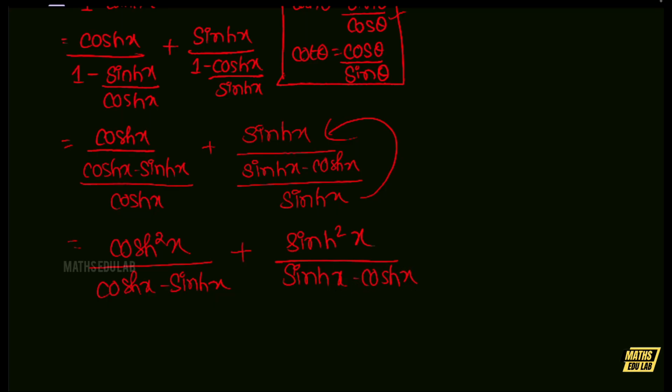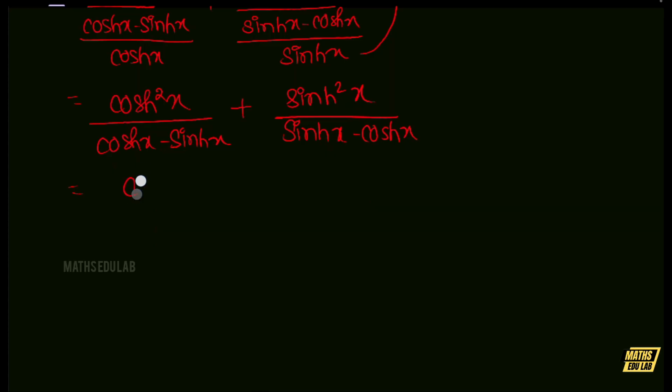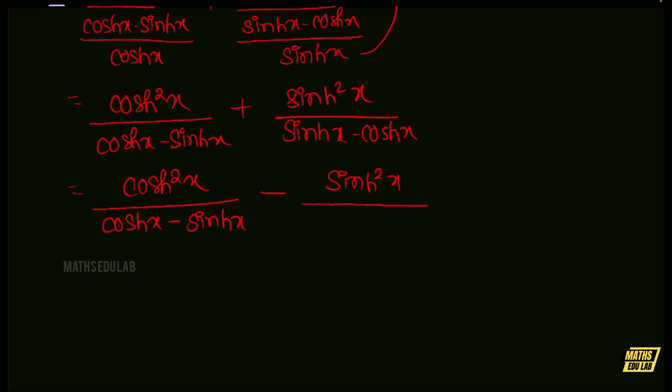Then here I can also write it, by rearranging the values, as cos hyperbolic x minus sin hyperbolic x minus of sin hyperbolic square x upon cos hyperbolic x plus sin hyperbolic x. So I have written it like this, so here it will be negative.